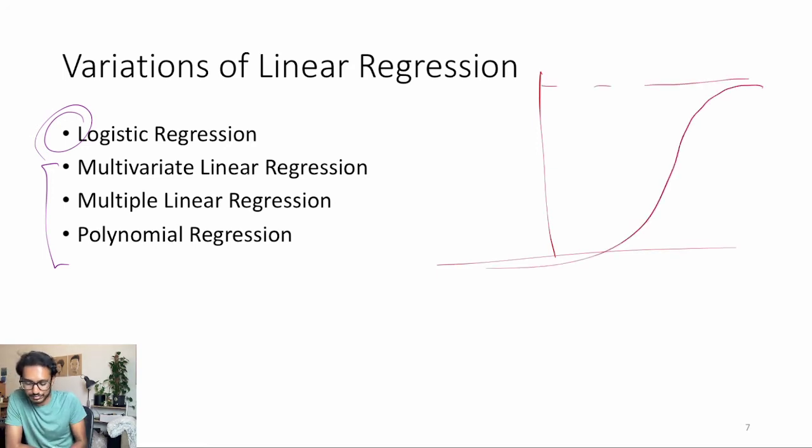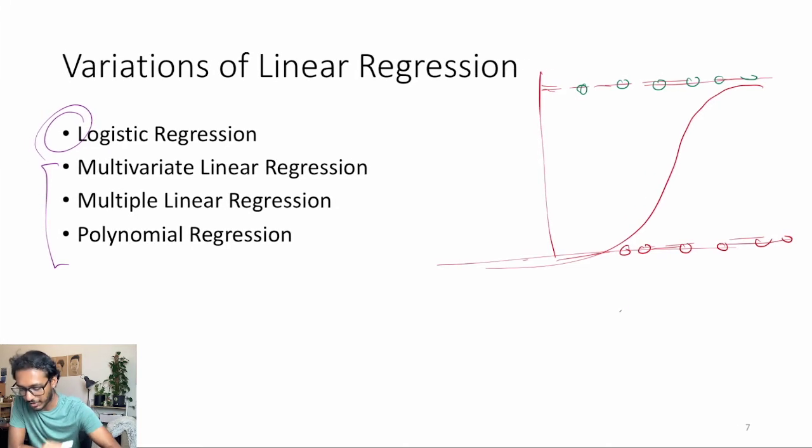This is helpful when we are classifying things into classes. So imagine we have some observations here and some here, and if we write a linear regressor, it could go like this. Sorry, my lines are not the best.